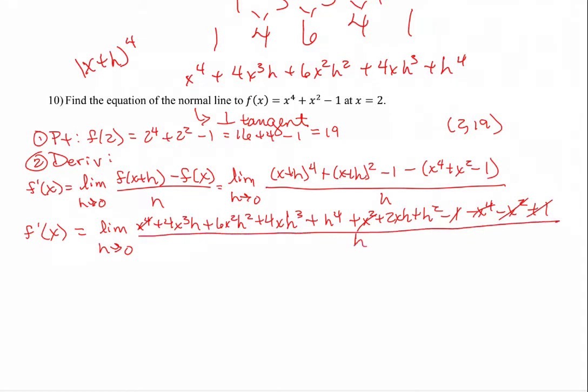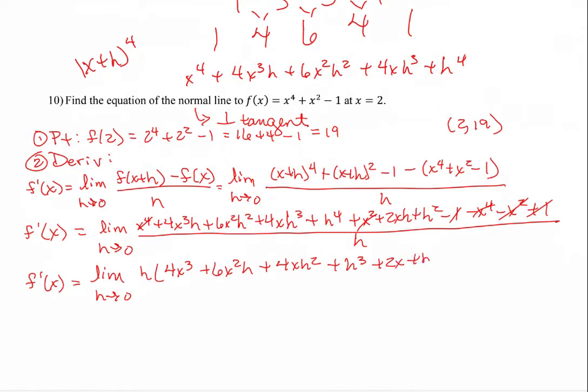All over h. So f prime of x, I'm going to factor out an h, equals the limit as h goes to 0 of h times (4x cubed plus 6x squared h plus 4xh squared plus h cubed plus 2x plus h), all over h.